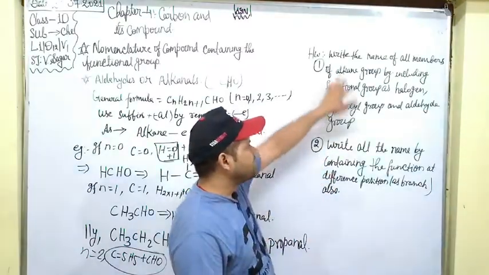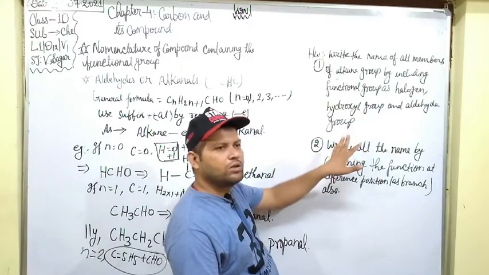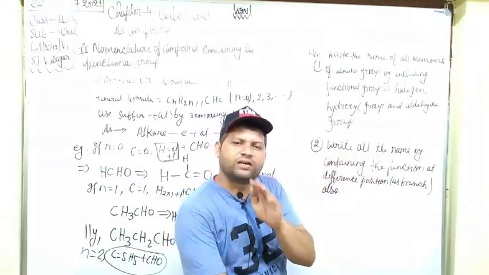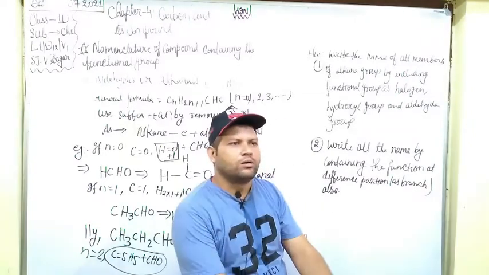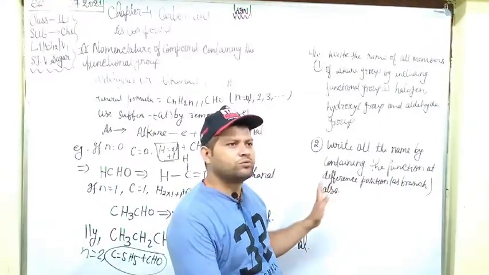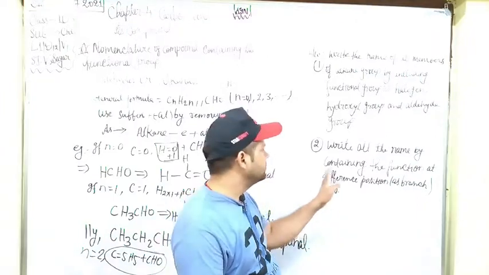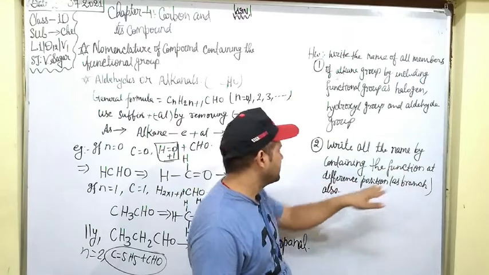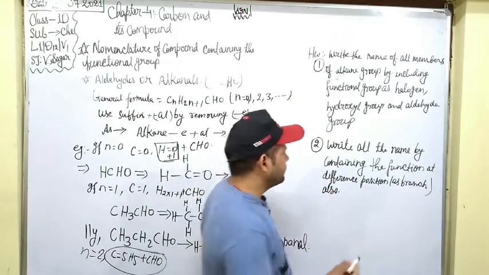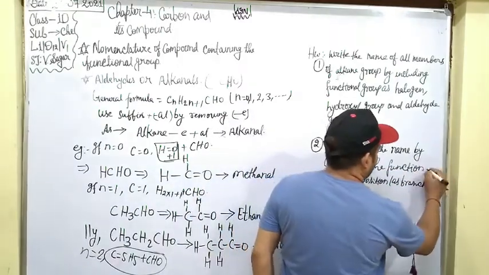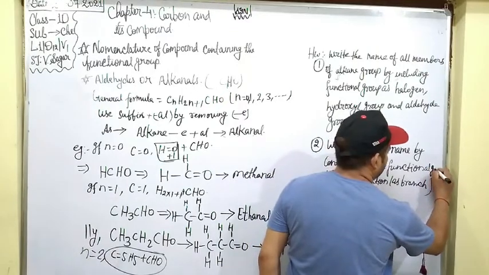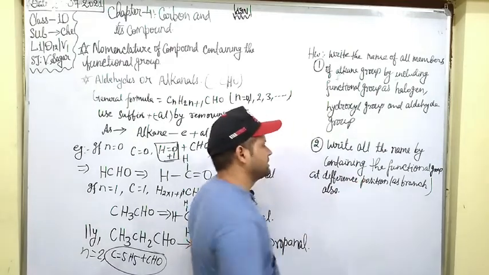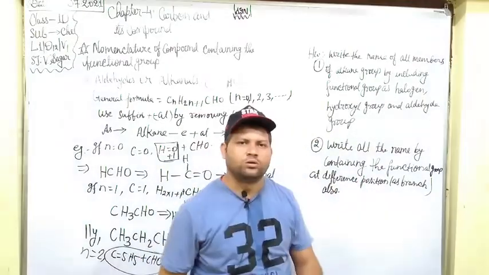And after writing these names you have to try by keeping the functional group at different positions. It means you have to make a branch and write all the names containing the functional group at different positions as a branch also.